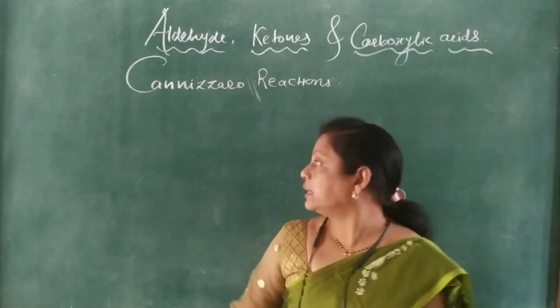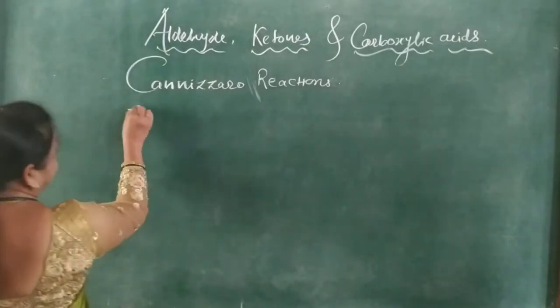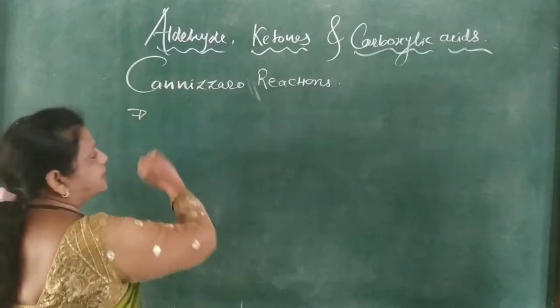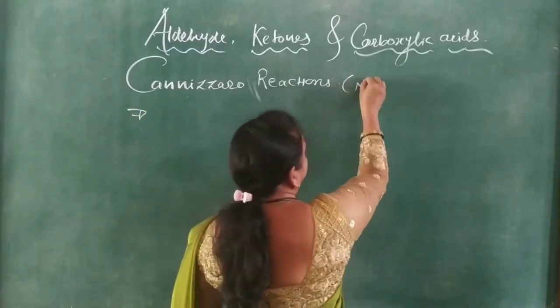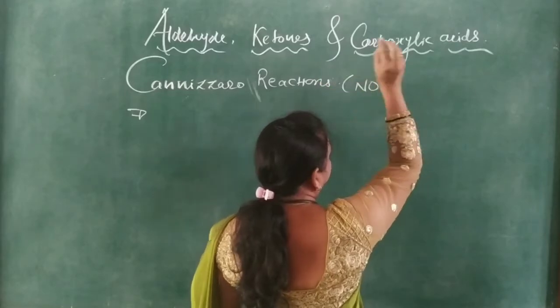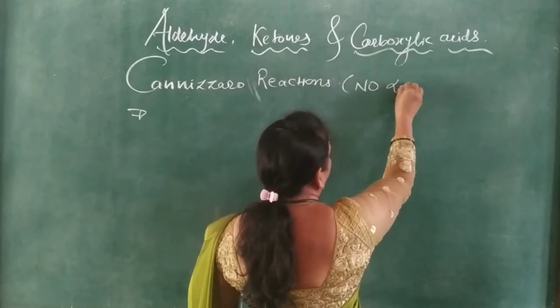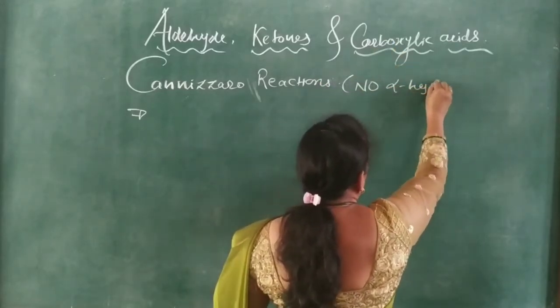So let's start with formaldehyde. This Cannizzaro reaction is the specific reaction for aldehydes which contain no alpha hydrogen atom.